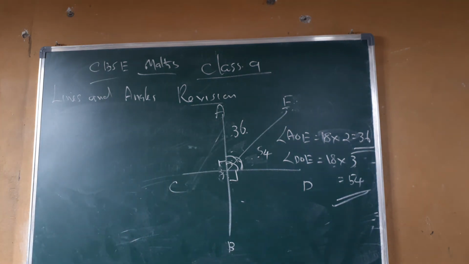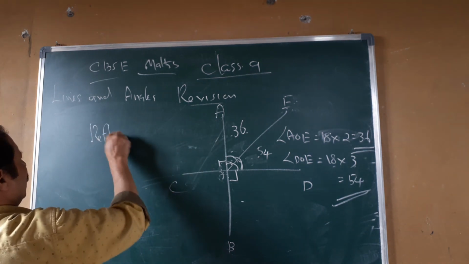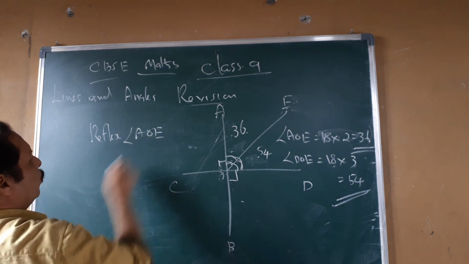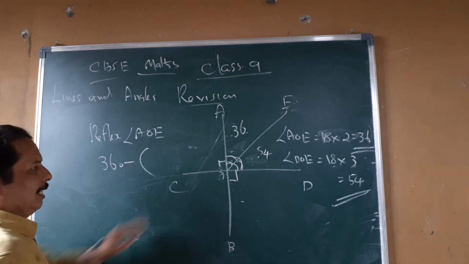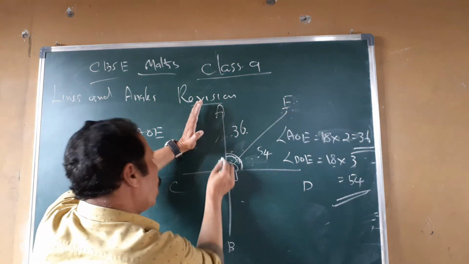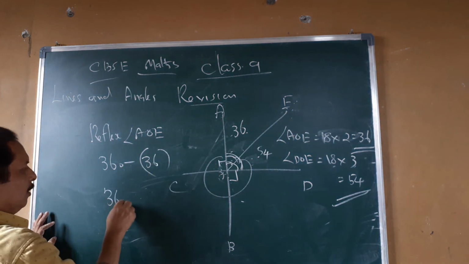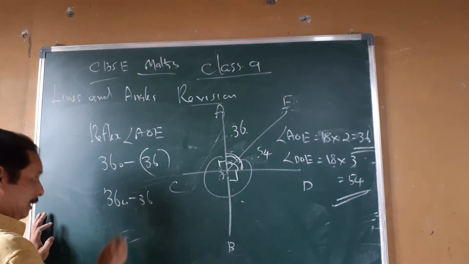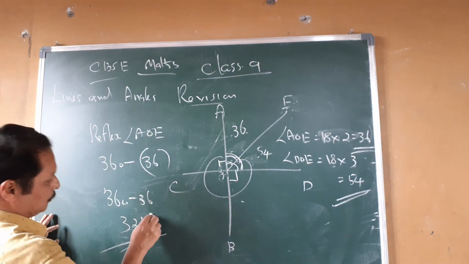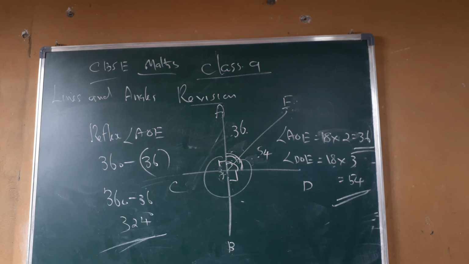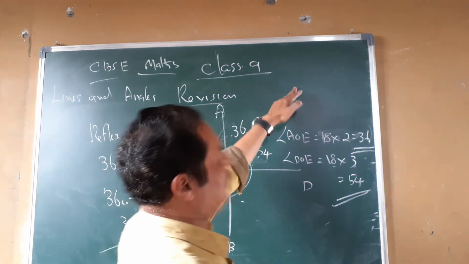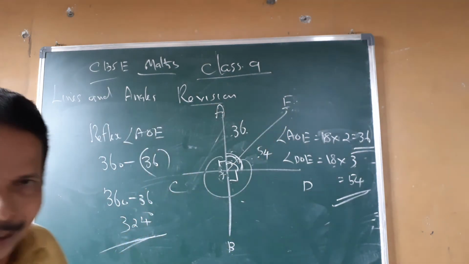You remember reflex angle. Reflex angle of angle AOE is 360 minus angle AOE. കാണുന്നുണ്ടോ? This is reflex. So 360 minus 36 is 324. Is that all? You may ask any question. Are you ready?